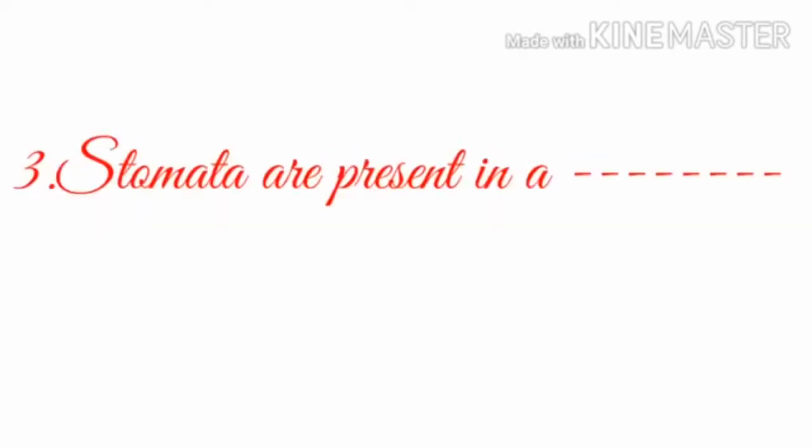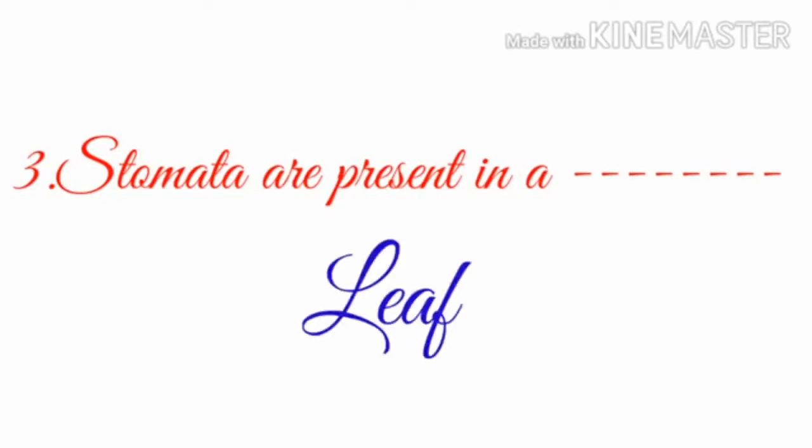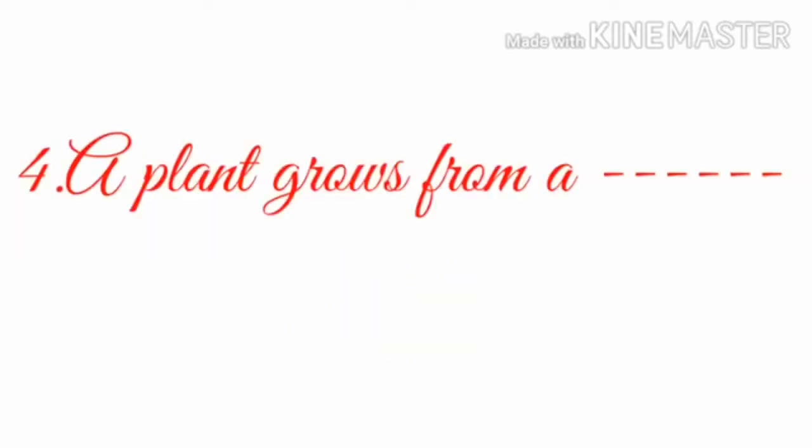Third question. Stomata are present in a flower, seed or leaf? Yes, the answer is leaf. Fourth question. A plant grows from a egg, seed or flower? Yes, the answer is seed.